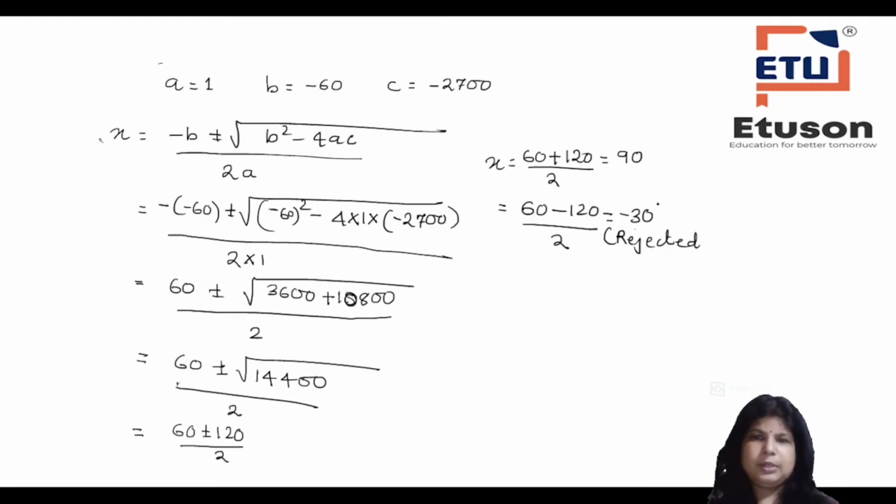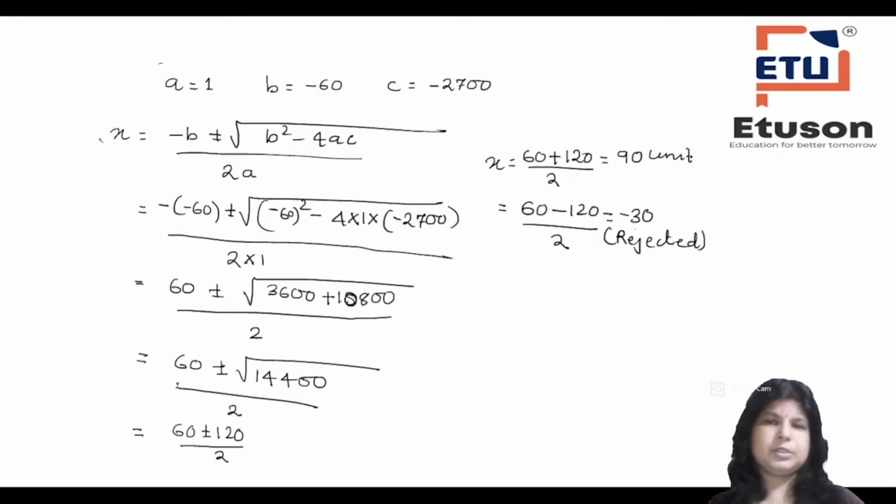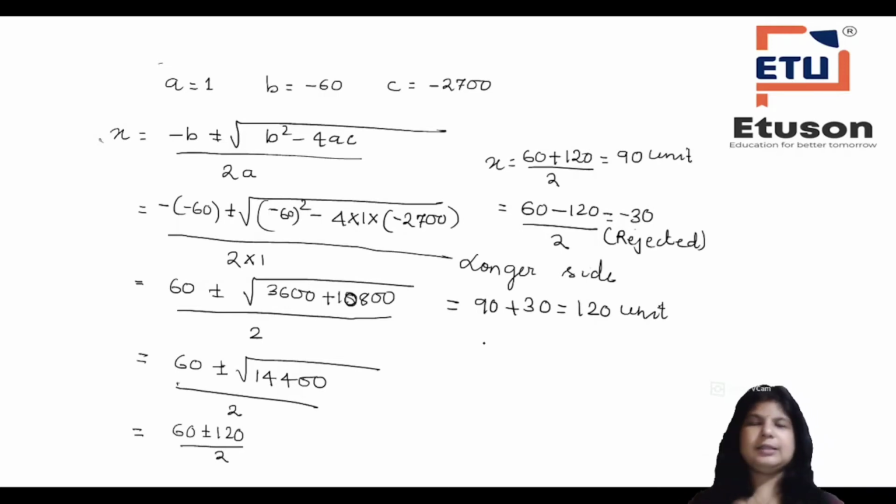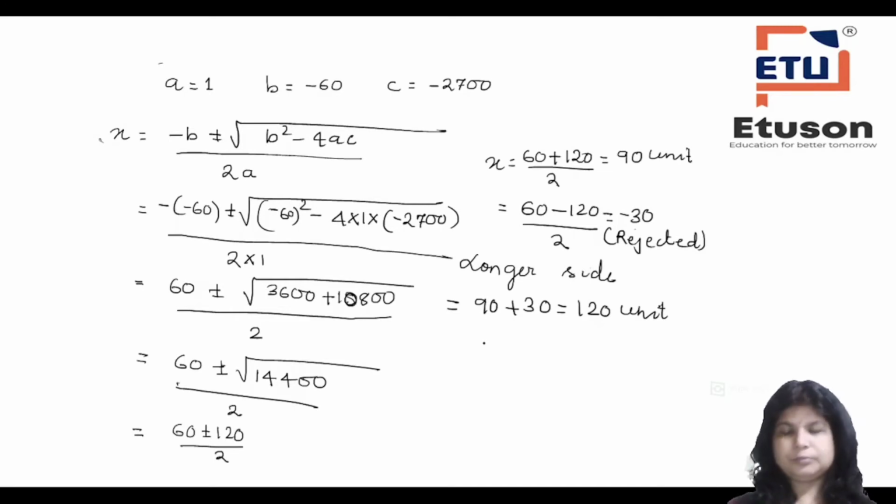So your shorter side, if it is 90 unit, or 90 centimeter or 90 meter, I'm just mentioning it as unit. If the shorter side is 90 units, then the longer side will be 90 plus 30, that is 120 units. So the sides of the rectangle are 90 and 120 units respectively, correct?